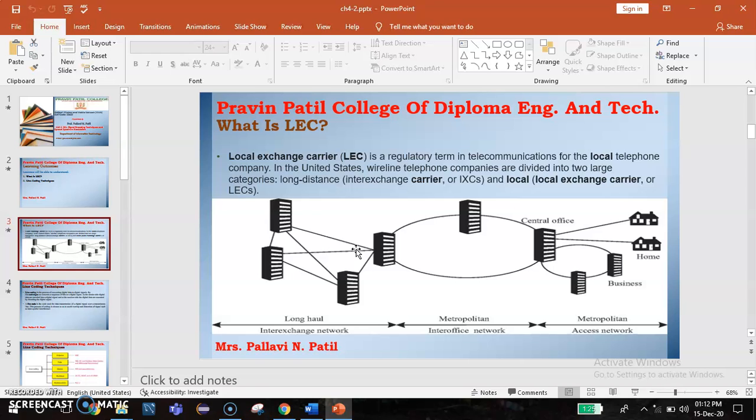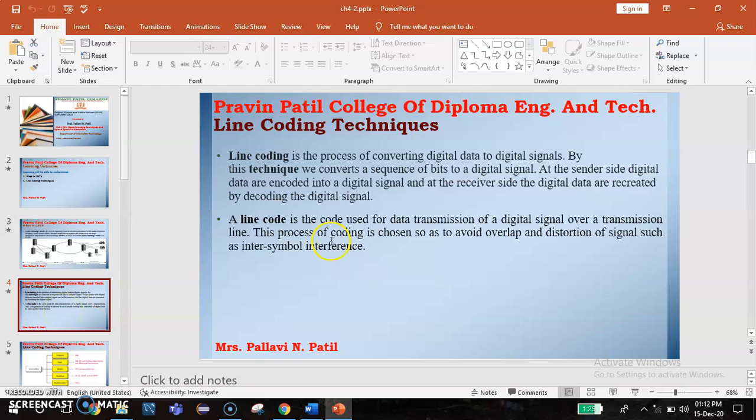The next is the line coding technique. The line coding technique is the process of converting digital data to a digital signal. By this technique, we convert the sequence of bits to a digital signal. At the sender side, digital data is encoded into the digital signal, and at the receiver side, digital data is recovered by decoding the digital signal.